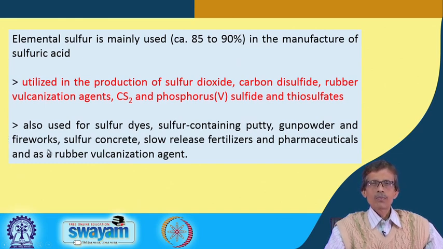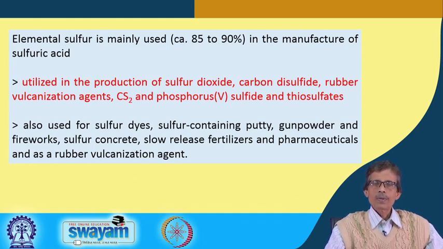We know the sulfur is being burned as sulfur dioxide. Then sulfur bearing concrete material and slow release fertilizers are also there, because some amount of sulfur is utilized, and when sulfur is converted to sulfur dioxide, this particular fertilizer can act as a slow release fertilizer. And definitely for pharmaceuticals, because of the incorporation of sulfur as different sulfur drugs, or the sulfur present in the beta lactam ring.